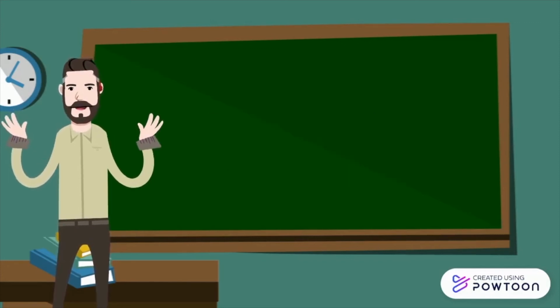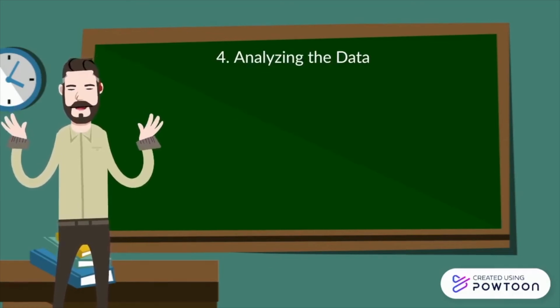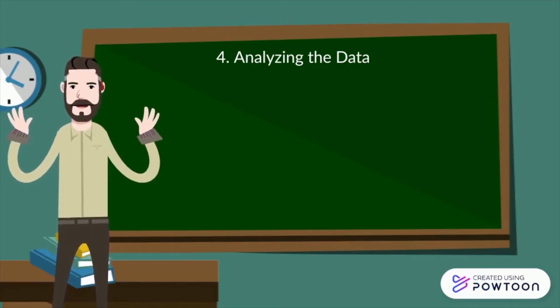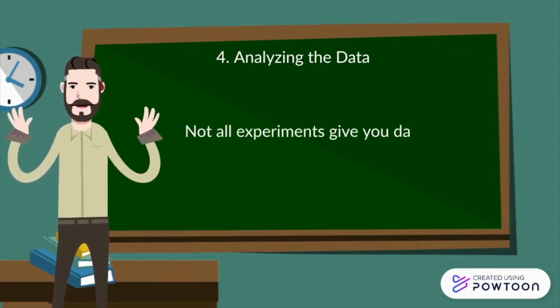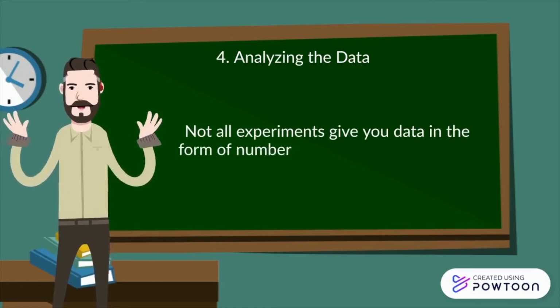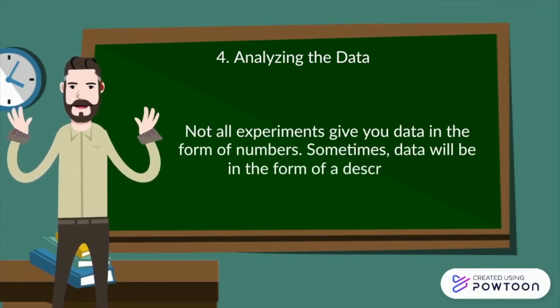Next in the scientific method, we have analyzing the data. In the experiment, measurements are taken so that at the end of the experiment, you will have something concrete to interpret. Not all experiments give you data in the form of numbers. Sometimes, data will be in the form of a description.